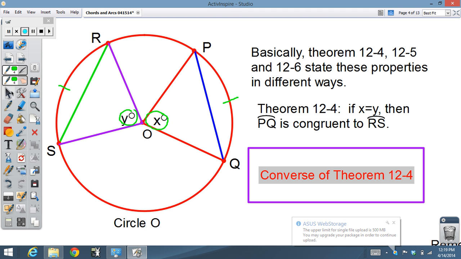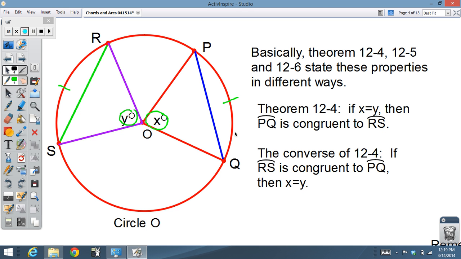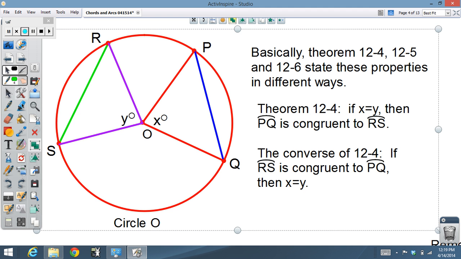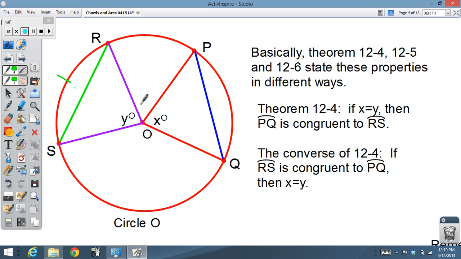The converse is also going to hold true. If arc RS is congruent to arc PQ, then angle x must be congruent to angle y.